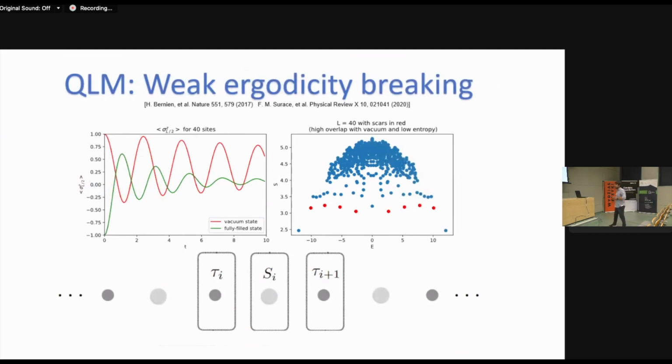These states turn out to span this non-thermalizing manifold, and maybe there are more of them, so it's really an open question of how to find this ergodicity breaking manifold in this type of systems. These are some of the reasons why it would be interesting to study this type of theories.